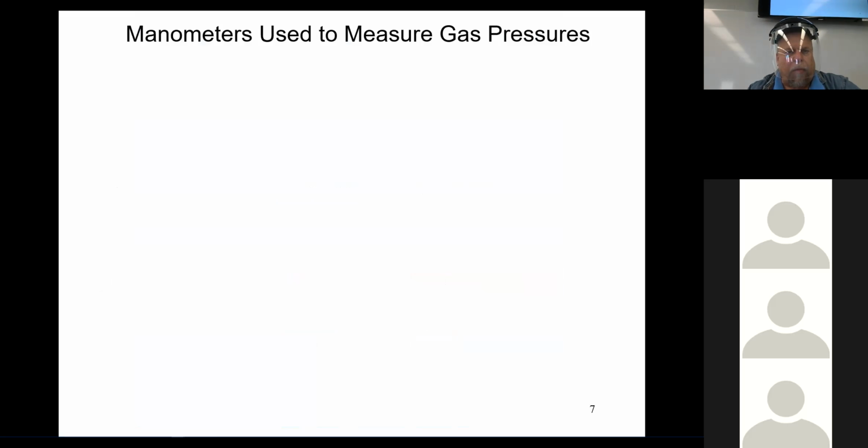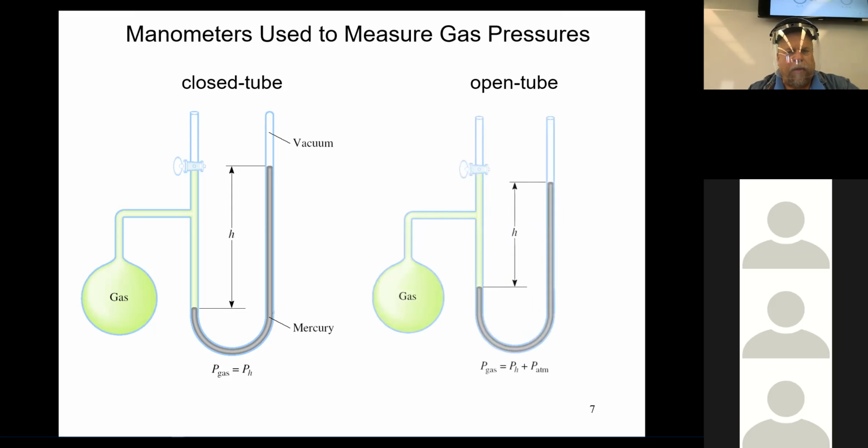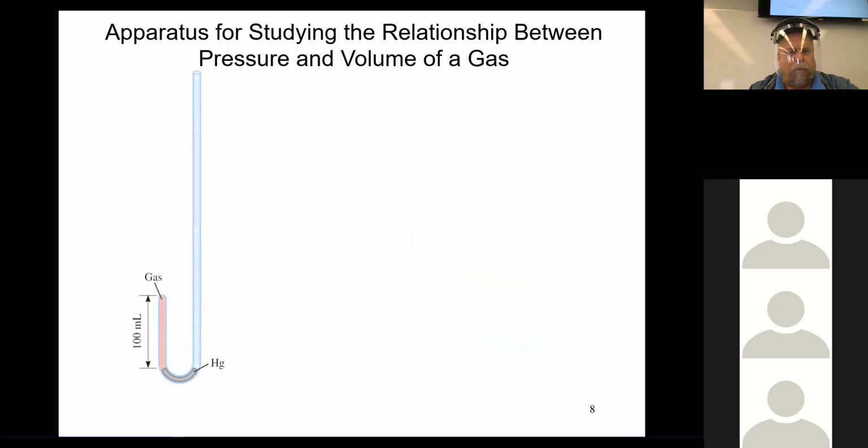Okay. Now, manometers are used to measure gas pressures, and basically, if you got a gas, you got a thing related to that, and it's related to mercury. You're talking about a gas inside a little vessel there, and an open tube one there, or a vacuum. Those are different ones.